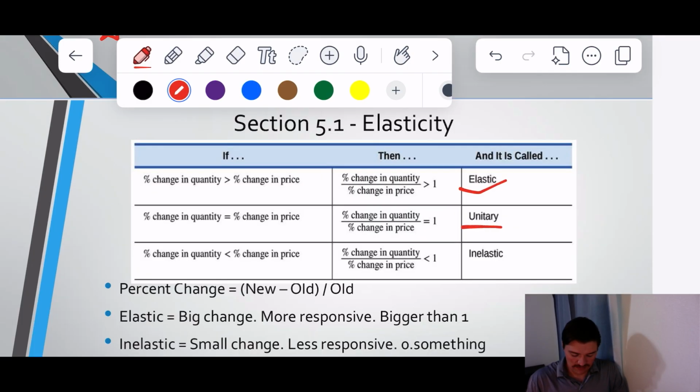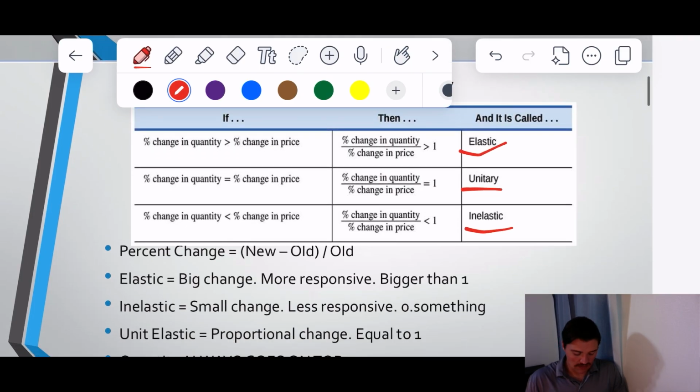We have elastic, unit elastic, and inelastic. Using the percent change formula, which is the percent change in quantity divided by the percent change in price, we're going to do some calculations and we're going to get a number. If that number is bigger than 1, we're going to say that it is elastic. Bigger than 1, bigger change.